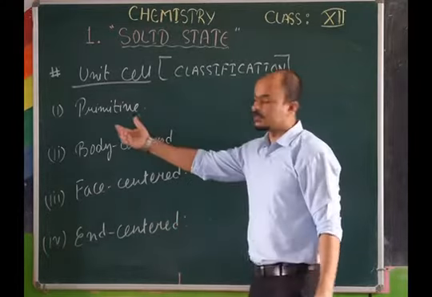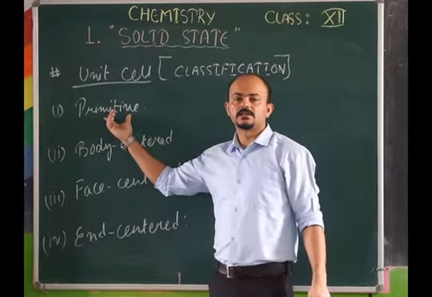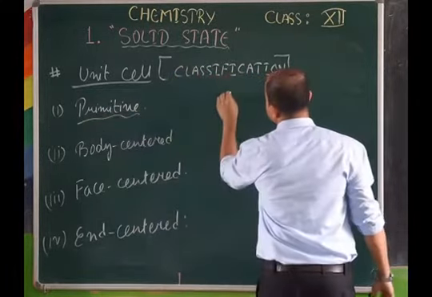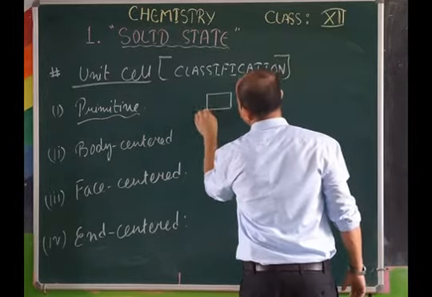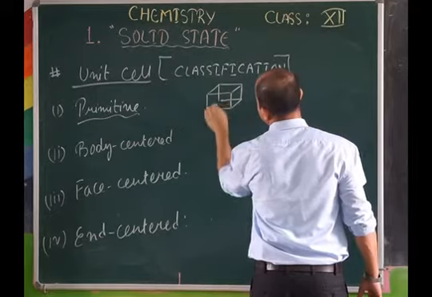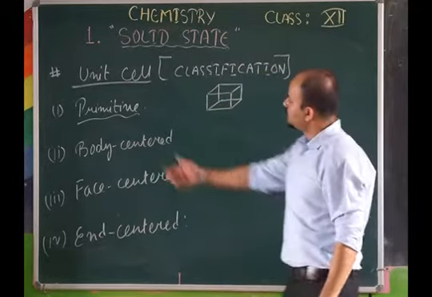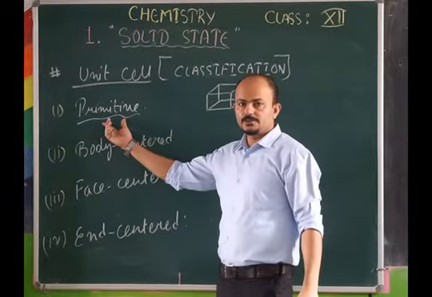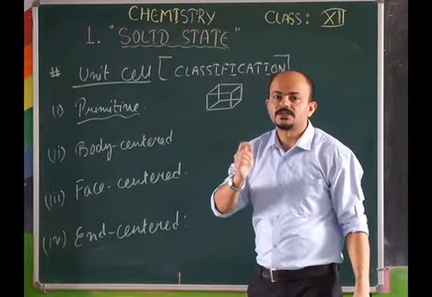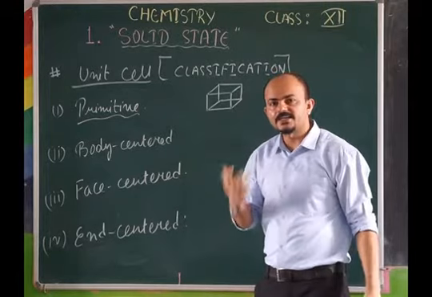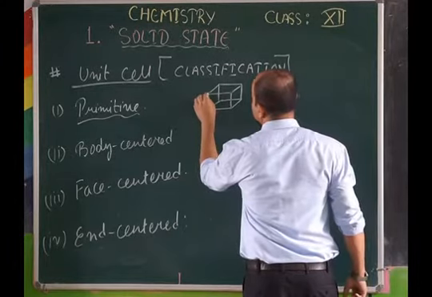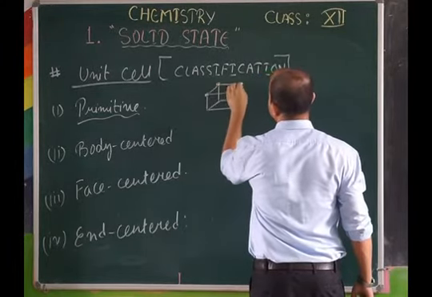Now here you need to understand what does it mean, primitive or simple cubic lattice. It means that we are discussing about unit cell of a cube system. So here in case of primitive unit cell, each constituent particle, that is, it would be atom, ion, molecule, whatever, they are located at the corners of the cube.